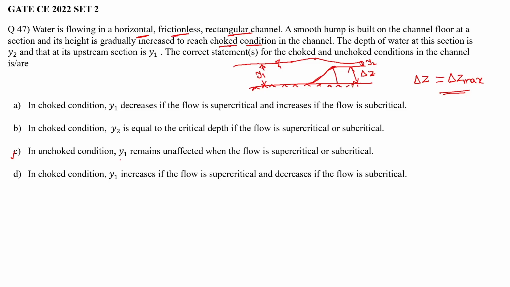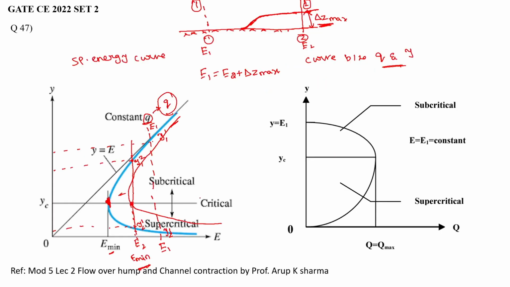In unchoked condition, the Y1 remains unaffected when the flow is supercritical or subcritical. Suppose this is Y1, and you raise this hump by some delta Z. This is the flow at Y1. Now let's say the flow is subcritical.